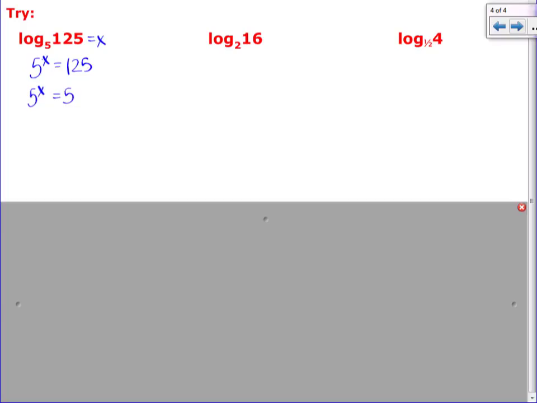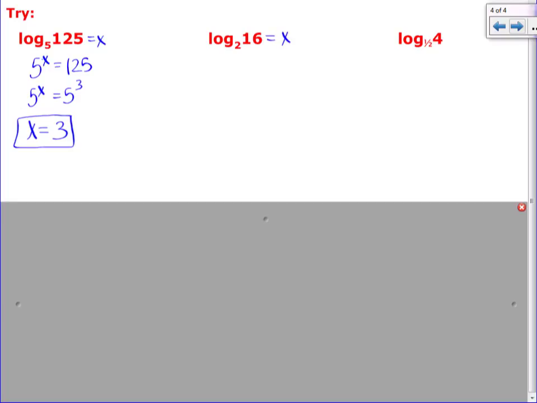This one is 5 to the third. We simplify our exponents. There's nothing to simplify. We set our exponents equal, and then we solve for x. Well, it's already solved, so we're done. You need to get really comfortable with switching between log form and exponent form. That's really where the success is going to lie for this chapter.